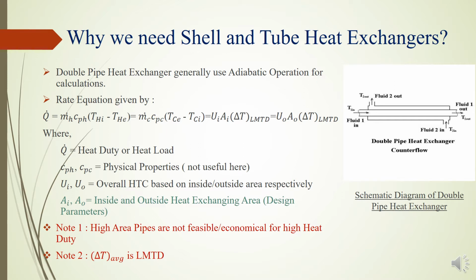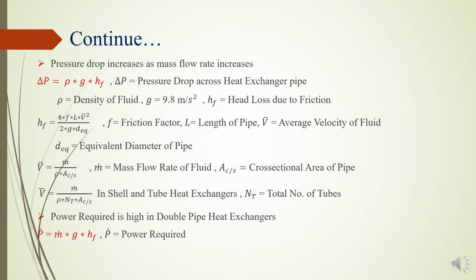The limitation is that high area pipes are not feasible or economical for high heat duty because of the area. The other aspects are the pressure drop and the power required.